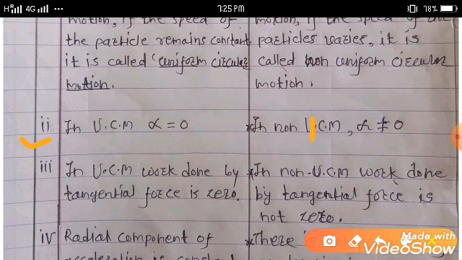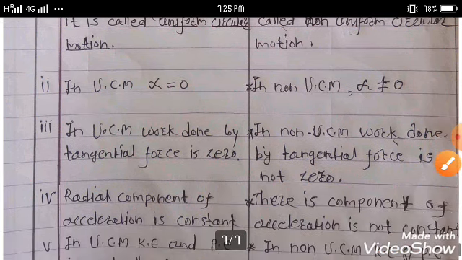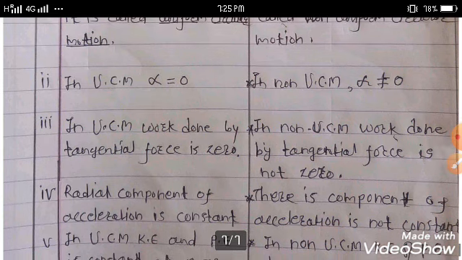Third point. In a uniform circular motion, work done by tangential force is 0. In a non-uniform circular motion, work done by tangential force is not 0.